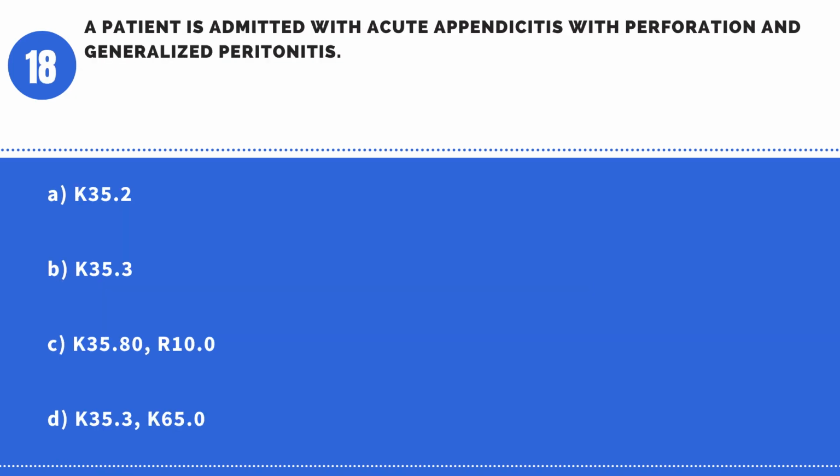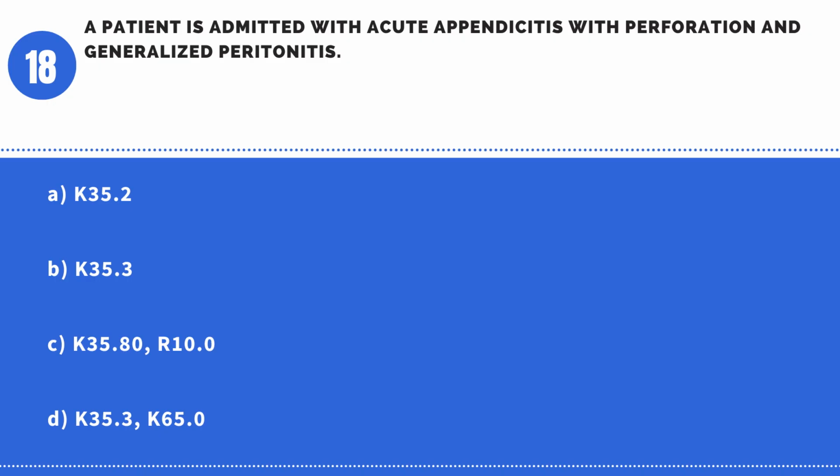Question 18. A patient is admitted with acute appendicitis with perforation and generalized peritonitis. A. K35.2. B. K35.3. C. K35.80, R10.0.